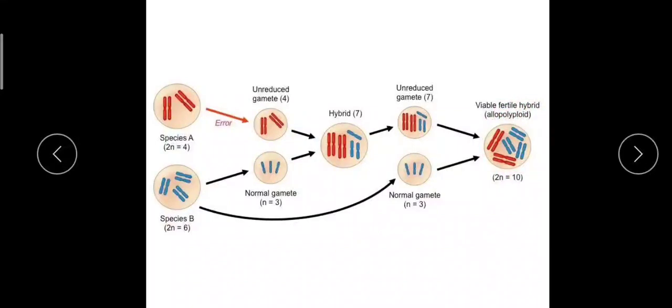So this type of polyploidy is called allopolyploid because it involves 2 different species, and the chromosome number is also different from the parent cells. Species B is having 2n is equal to 6, but here we are having 2n is equal to 10. Species A was having 2n is equal to 4, and here we are having 2n is equal to 10. So this is a case of polyploidy, and since 2 species are involved, it comes under allopolyploidy.